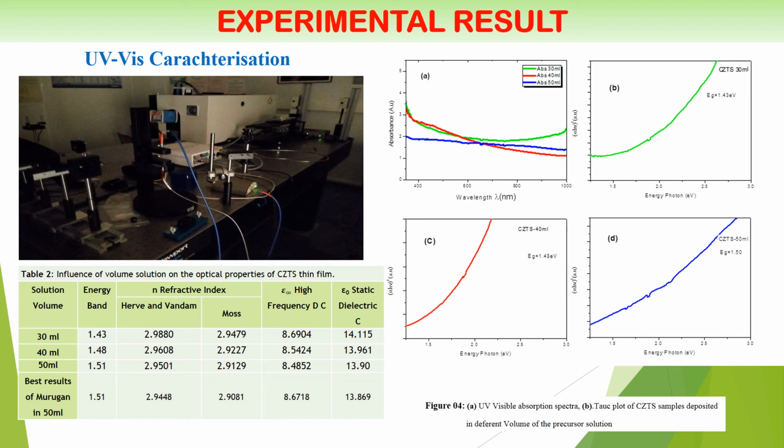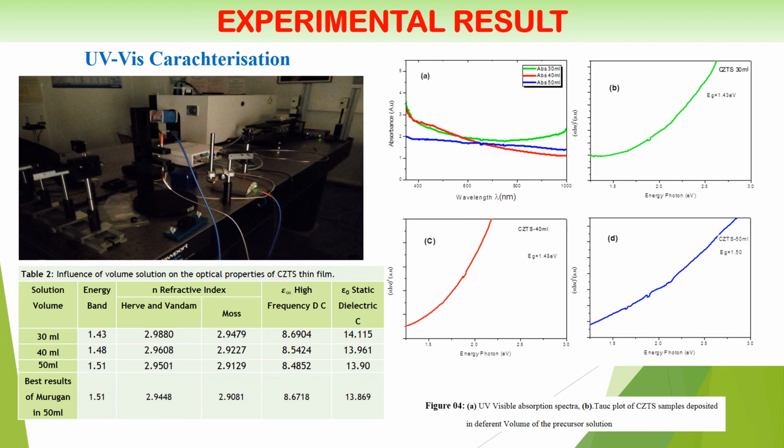Figure 3 summarizes the effect of the deposition solution volume on the absorbance and the band gap, by considering both the absorbance and the transmittance. The band gap energy values are found to be 1.43 and 1.48 electron volt for CZTS 30 and CZTS 14 samples, respectively.